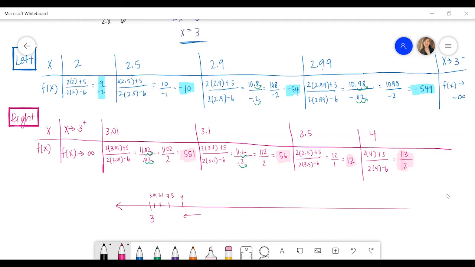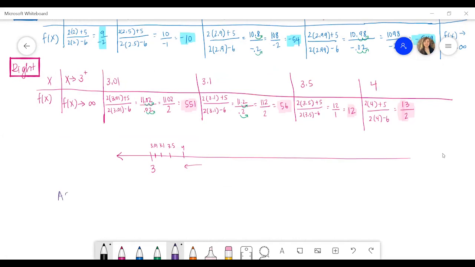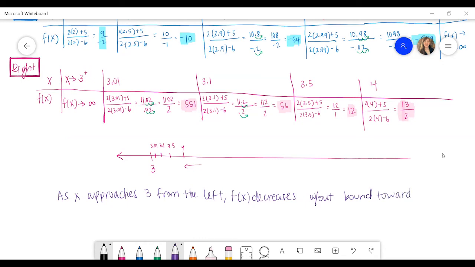So if I was to put this in words, something like, as x approaches 3 from the left, f of x decreases without bound. That's, I think we said, towards negative infinity.